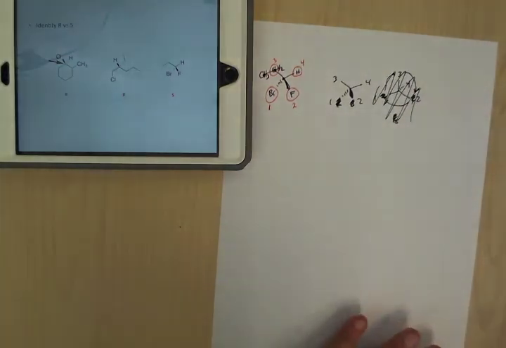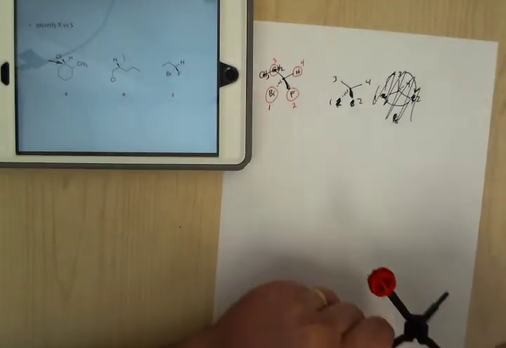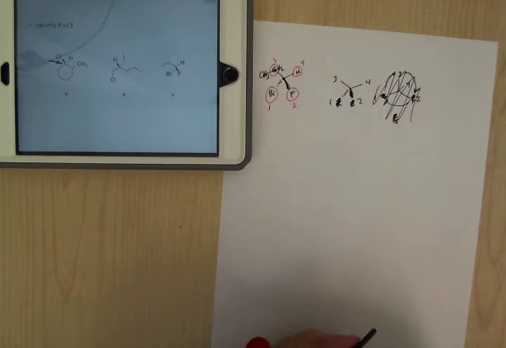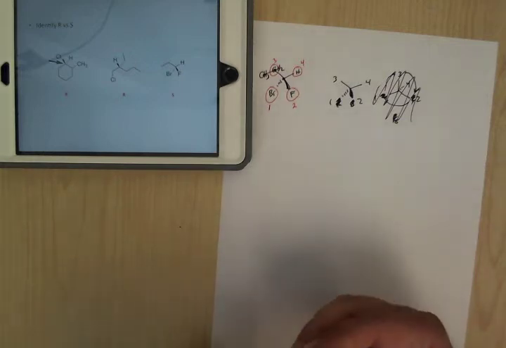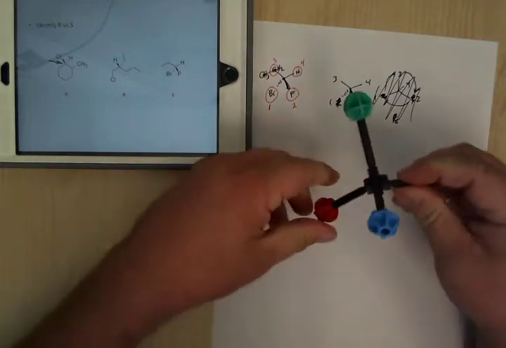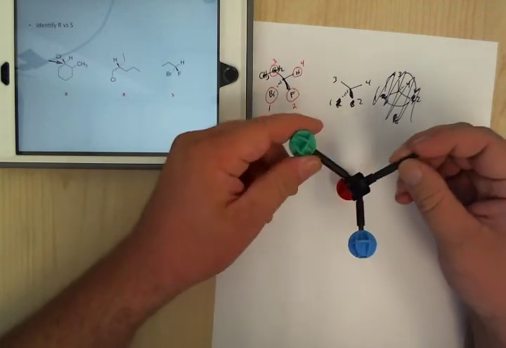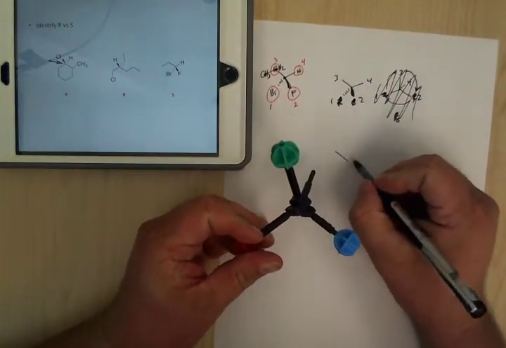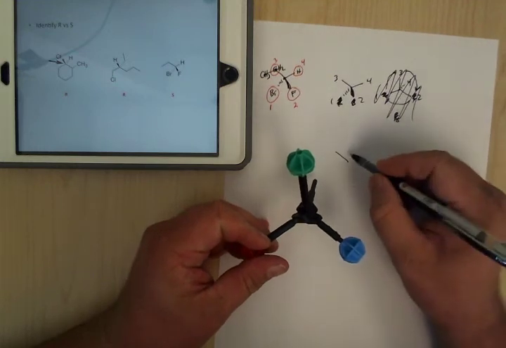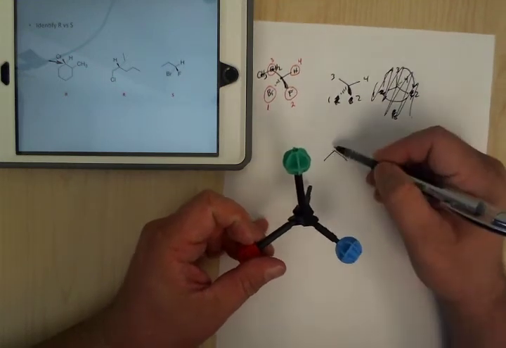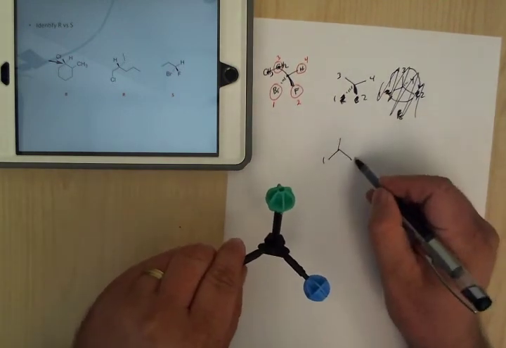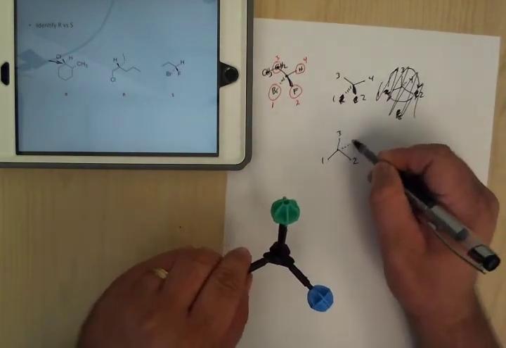Going over here, the 1 comes forward, the 2 goes to here, 3 stays here, 4 goes back.